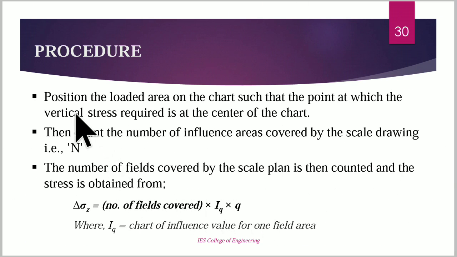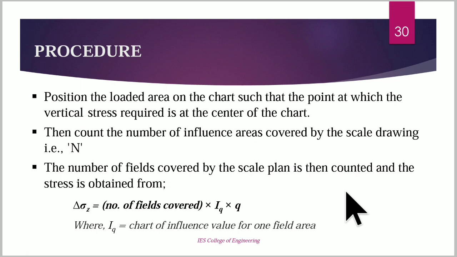Now coming on to the procedure on how to plot an area on Newmark's chart. First of all, position the loaded area on the chart such that the point at which the vertical stress is required is at the center of the chart. Then count the number of influence areas covered by the scale drawing, that is n.